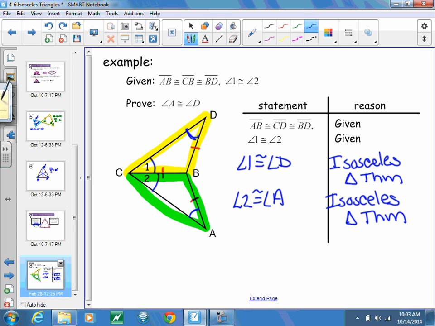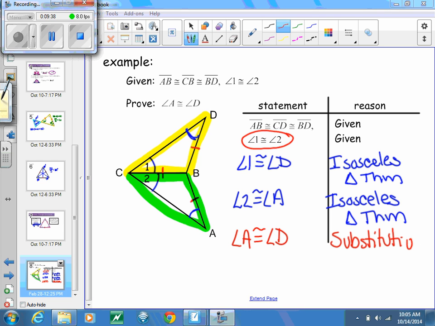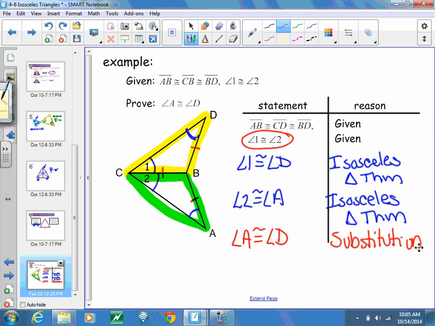Now with this information, since angle 1 equals angle D and angle 2 equals angle A, and I already know that angle 1 equals angle 2, we can substitute the fact that angle A is going to be congruent to angle D using substitution. And so there we've completed our two-column proof, which is using the isosceles triangle theorem.